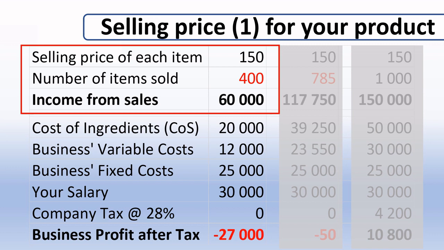Also, indicate how many you think you should sell in a month, and put the total of the sales multiplied by the cost of the item. In this case, 150 times 400 is 60,000. What you notice is at the bottom that when you subtract the costs from the income from the sales, is that you have a loss of 27,000.